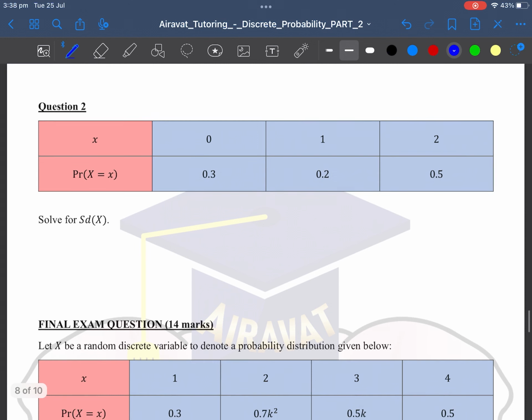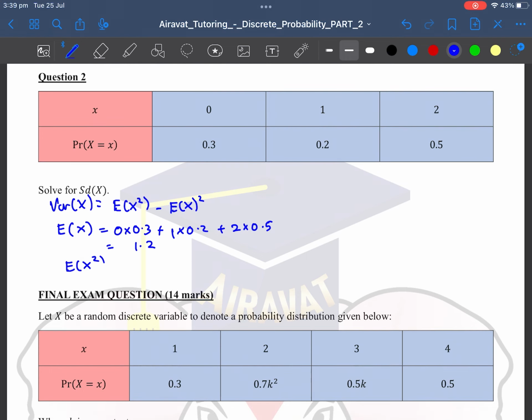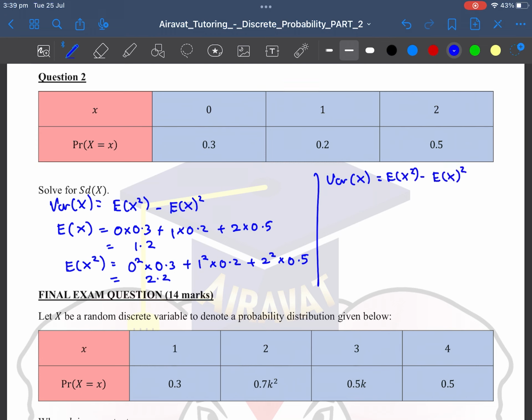Alright, so for finding standard deviation, what we need to first know is the variance. Now, how do I find variance? We know that variance equals E of x squared minus E of x, whole squared. So our variance, which is equal to E of x squared minus E of x whole squared, is going to be 2.2 minus 1.2, which is equal to 1.